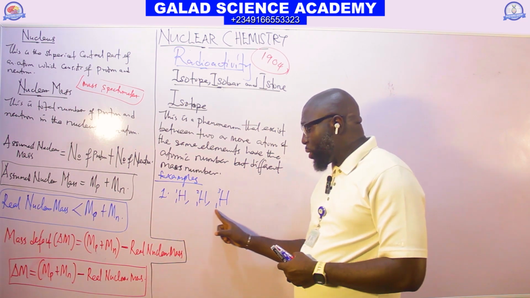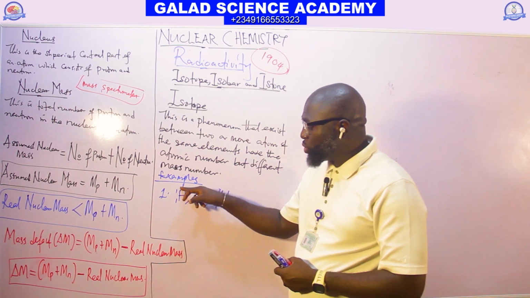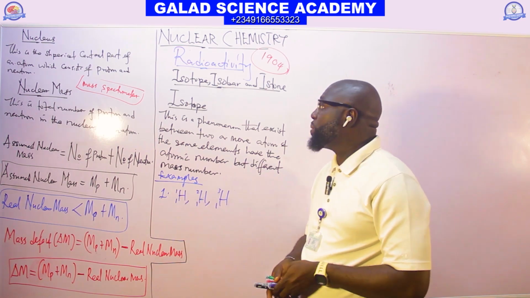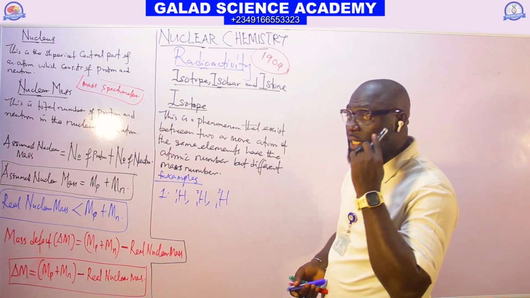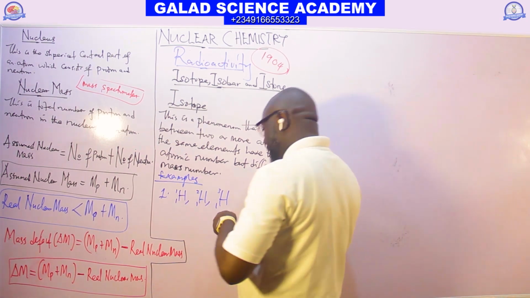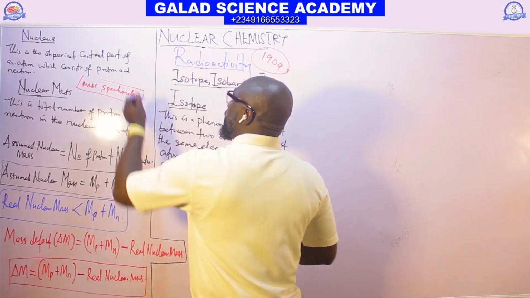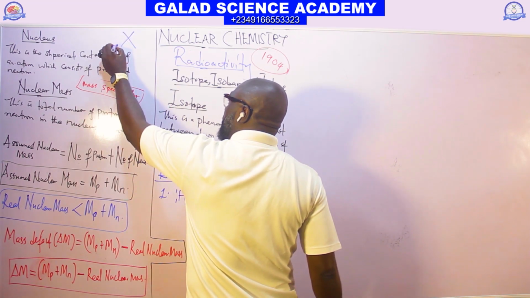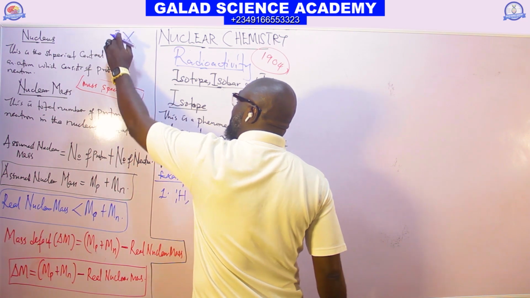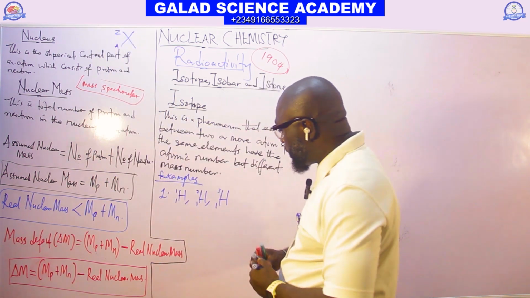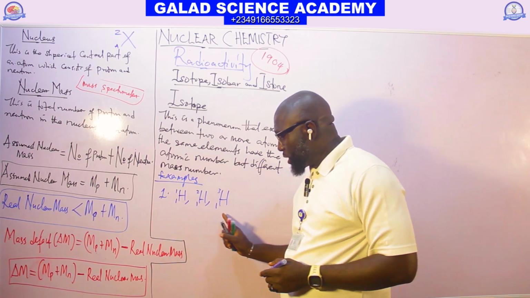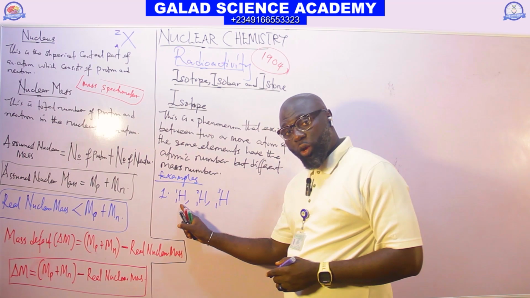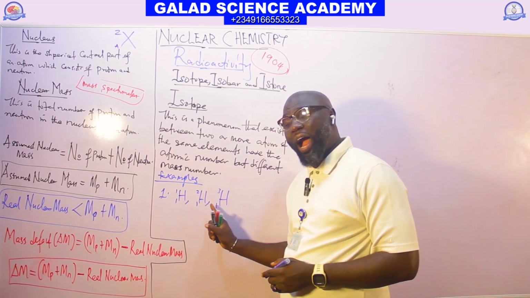They have the same atomic number, but their mass number differs. If you still remember under atomic theory, if you are writing elements in this form, this one is called the atomic number and this one the mass number. So the atomic number is one, but their mass number is different: hydrogen, protium, deuterium, and tritium.